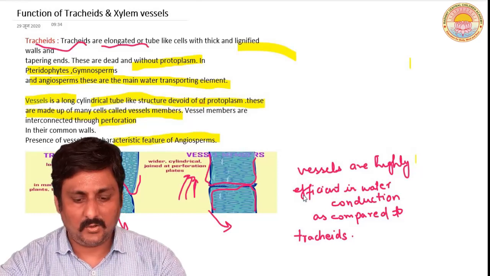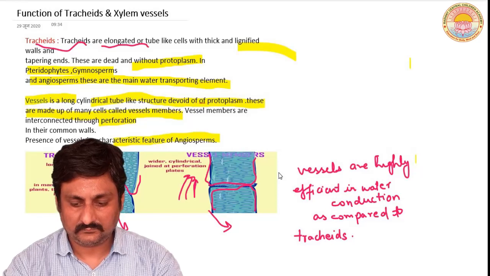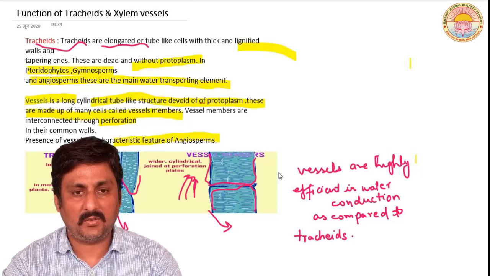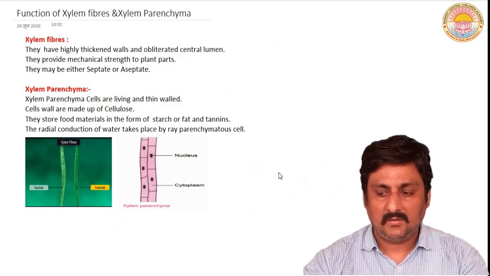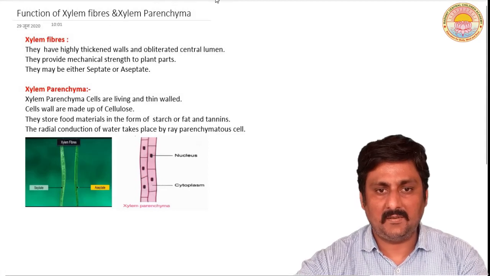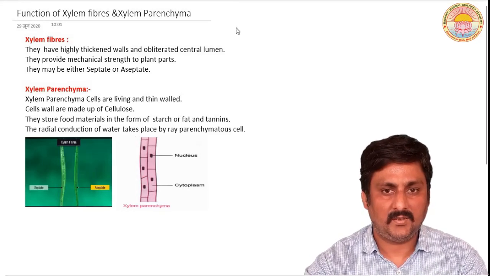Okay, now let us talk about the other topic, that is, we will see the functions of other two types of cells in xylem. This is the function of xylem fiber and xylem parenchyma.